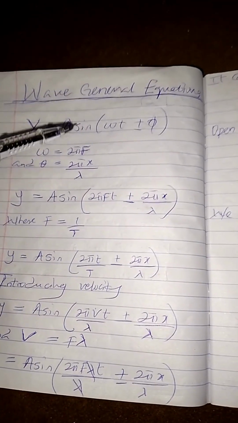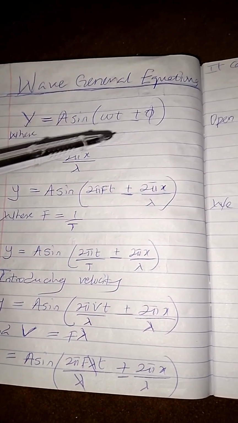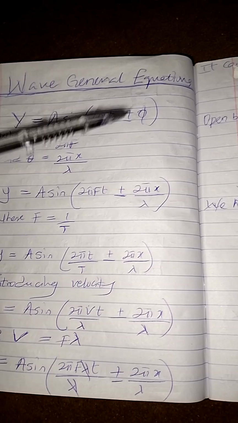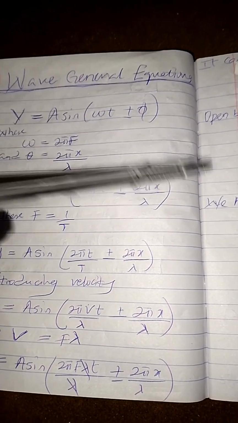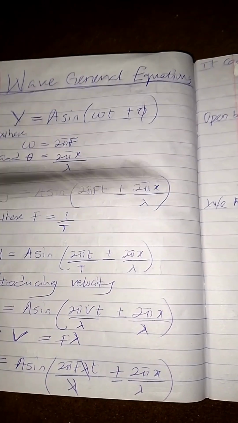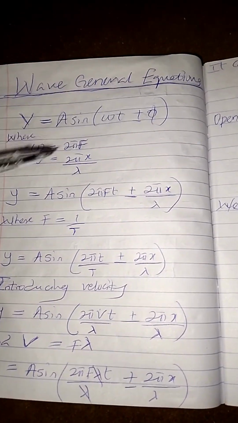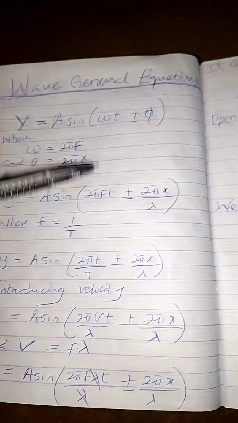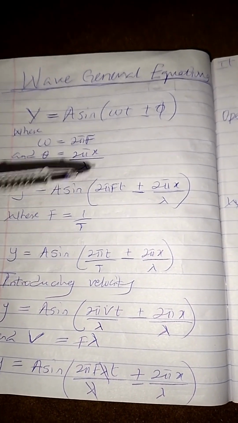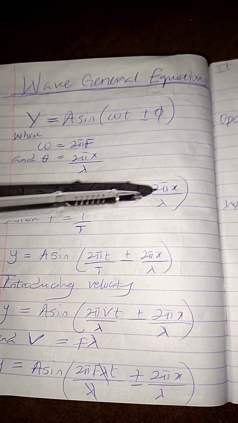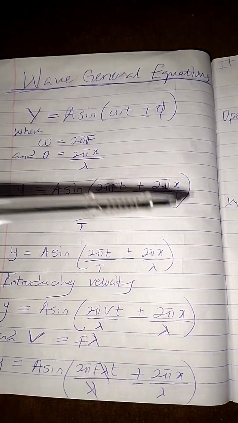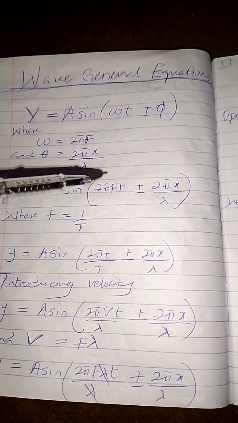Note any of these can come first. Theta can come to the front, phi can come to the front, omega t can go to the other side. It can happen interchangeably, so don't be confused by it. What I have here is what I also have on this page, but what I now did was to let you know that you can interchange them any way you deem fit.